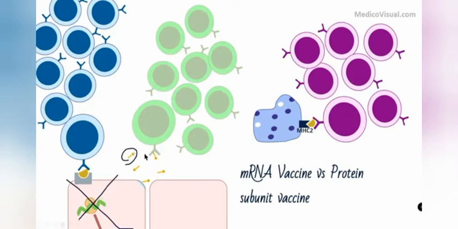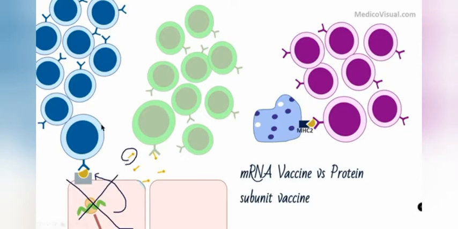It may be recognized by B cells and it may be engulfed and recognized by macrophages, and antibodies will be produced. But because it is not mRNA, can it be presented on MHC type 1? Of course not, because MHC type 1 is only concerned with presentation of endogenous protein, and this is not endogenous protein, this is exogenous protein.